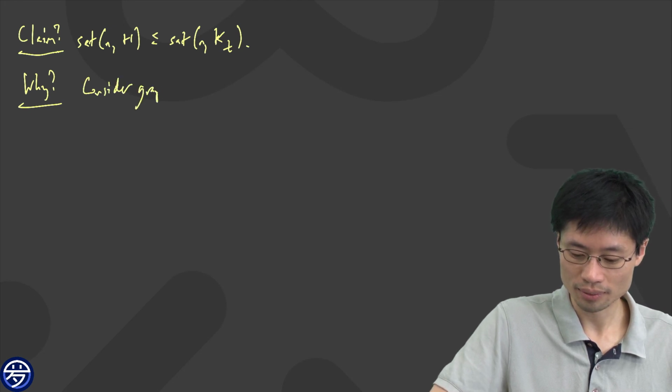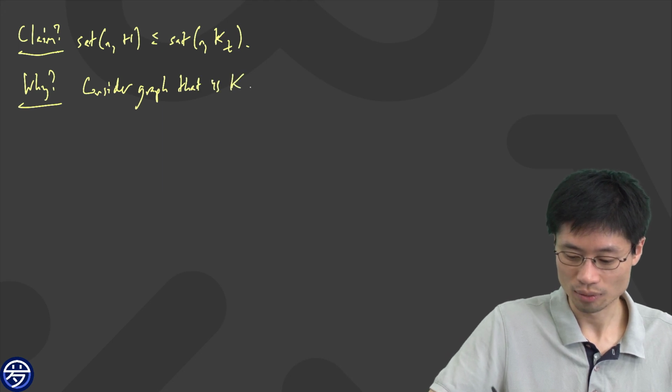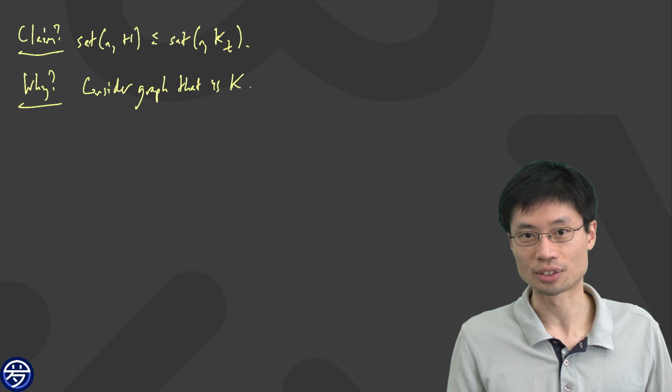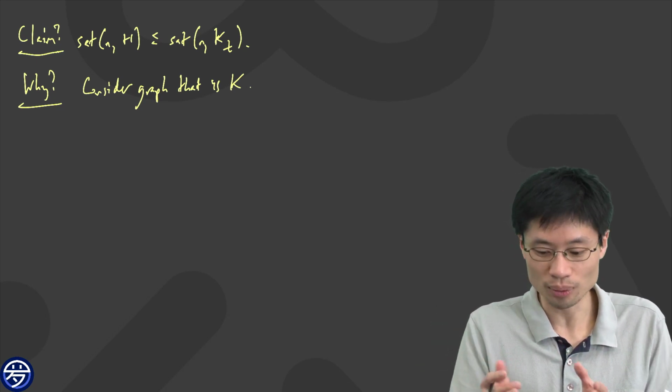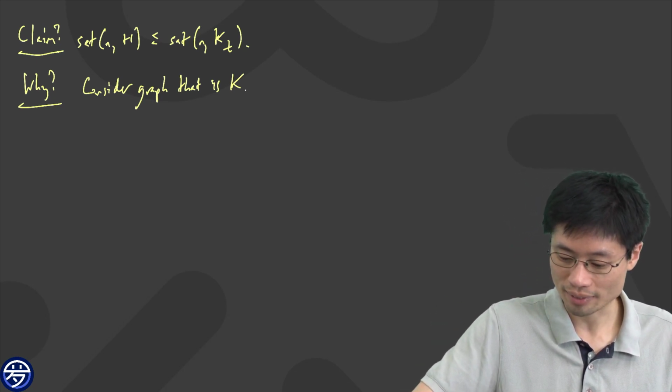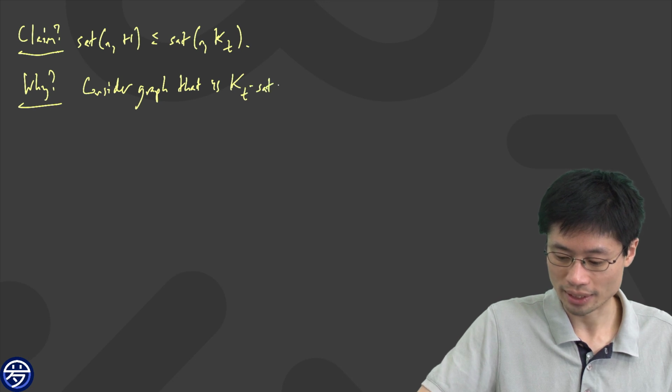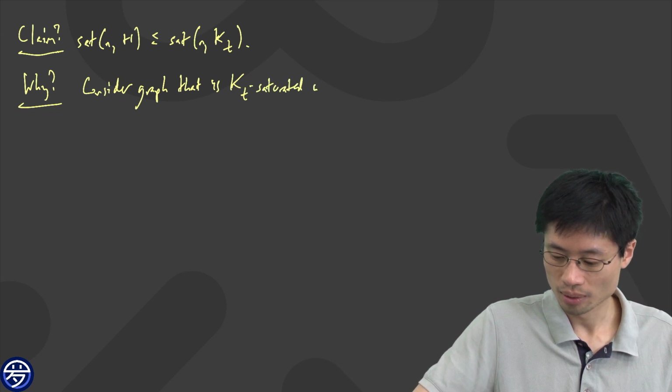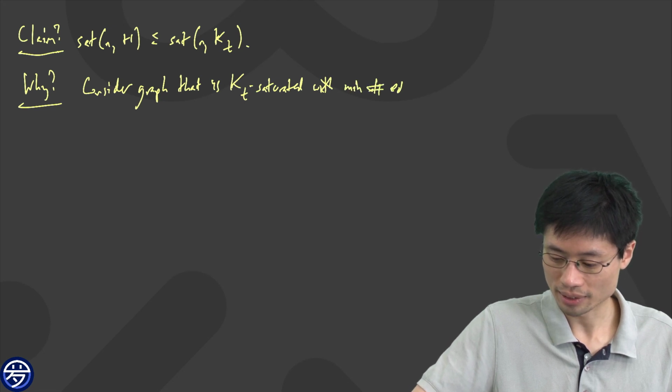a graph that is KT saturated. Not just any graph that's KT saturated, the minimum one, the one with the fewest number of edges. So consider a graph that is KT saturated with minimum number of edges.